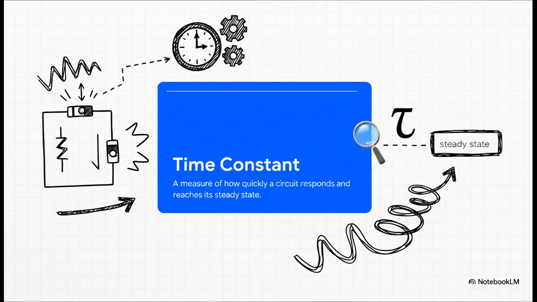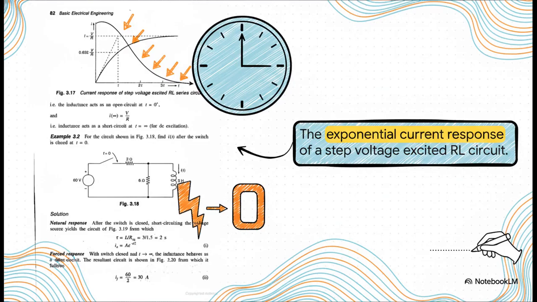We measure this settling time using what's called a time constant, represented by the Greek letter tau. Think of the time constant as the circuit's internal clock. It mathematically determines exactly how fast the circuit adapts to its new reality and eventually reaches a steady, predictable state after that switch is flipped. And this graph beautifully summarizes that entire journey.